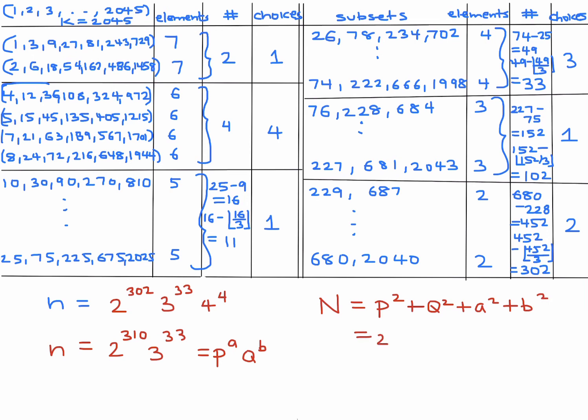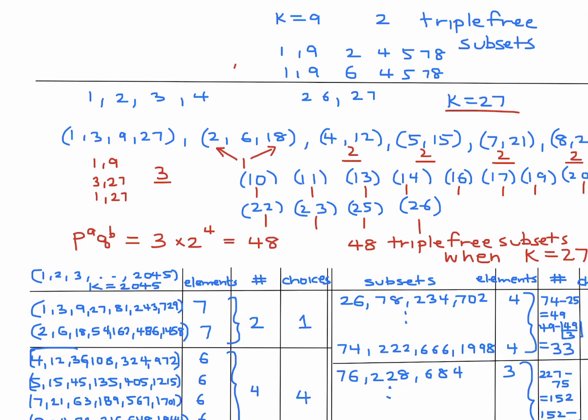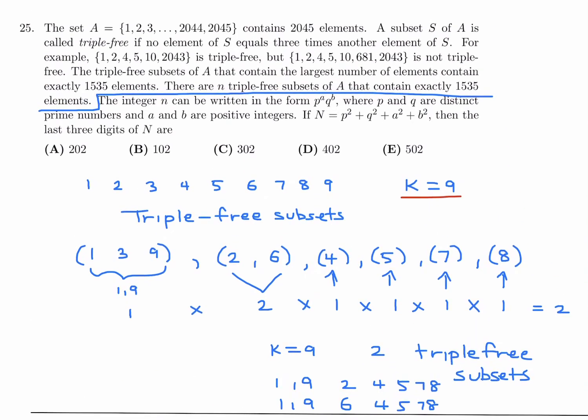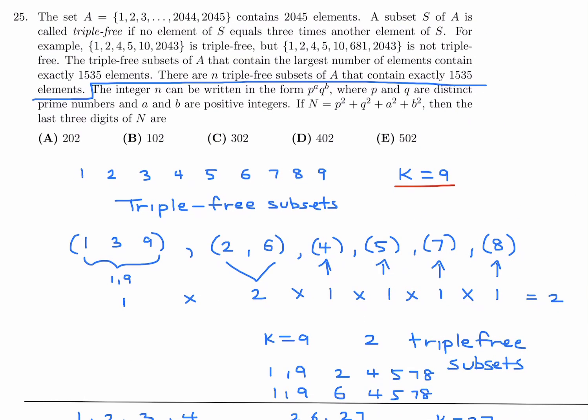Well, that's going to be 2 squared plus 3 squared plus 310 squared plus 33 squared. That number is 97202. We were asked to find the last 3 digits, 202. So the answer to this is 202, which is choice A, number 25.